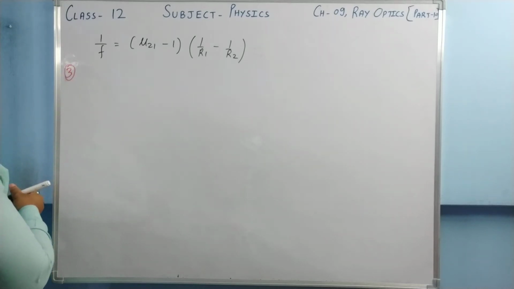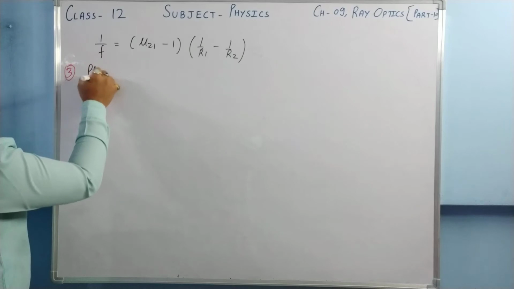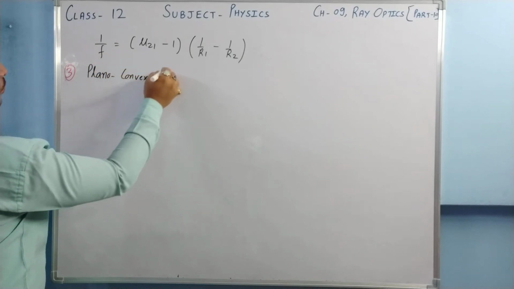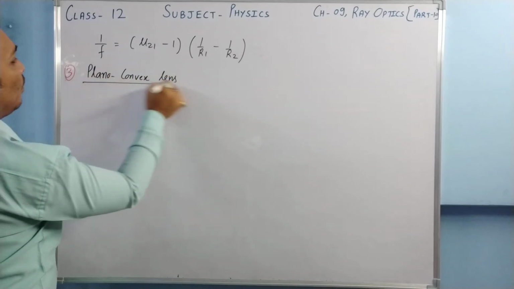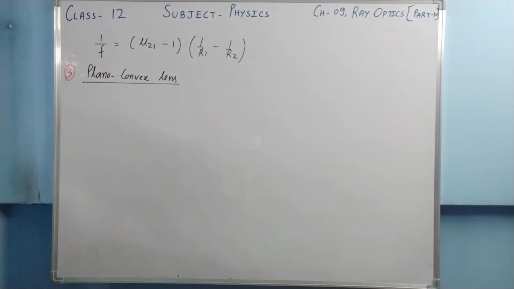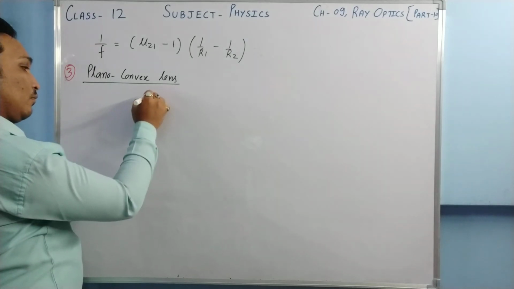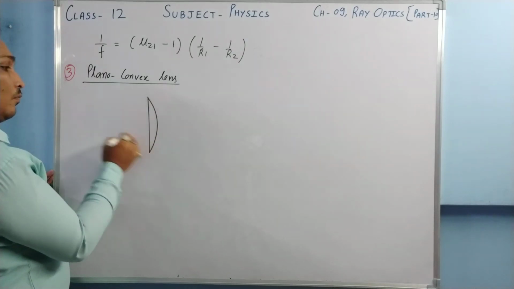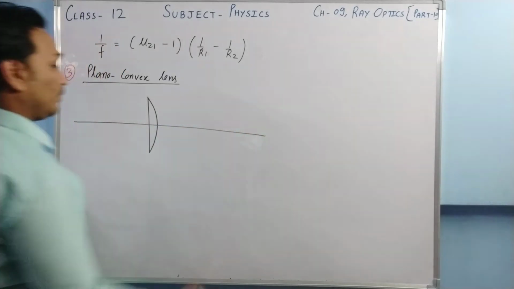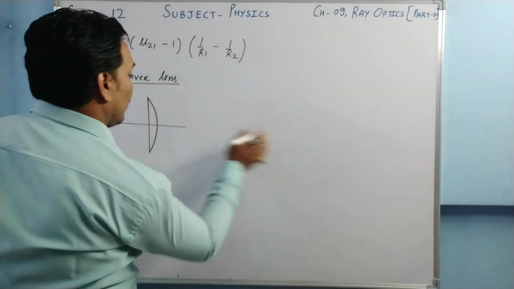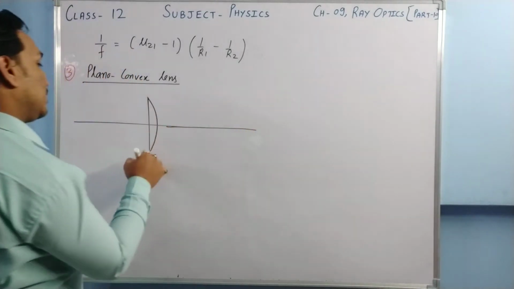How is the plano-convex lens given? Something like this.